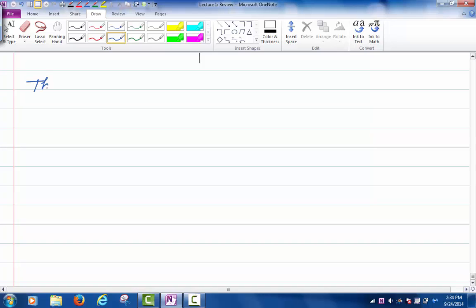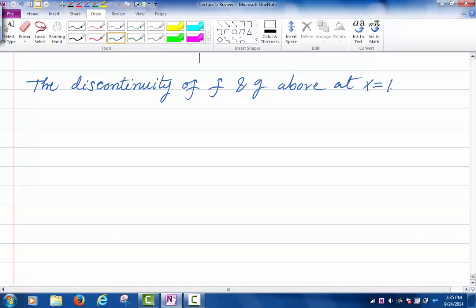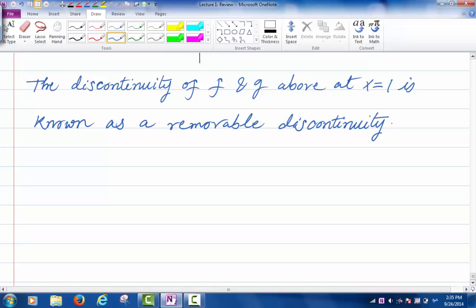The discontinuity of f and g above at 1 is known as a removable discontinuity. Okay, so let's look at another example.